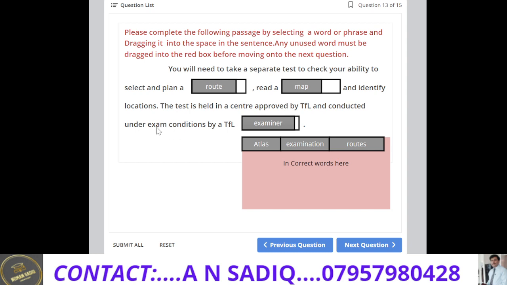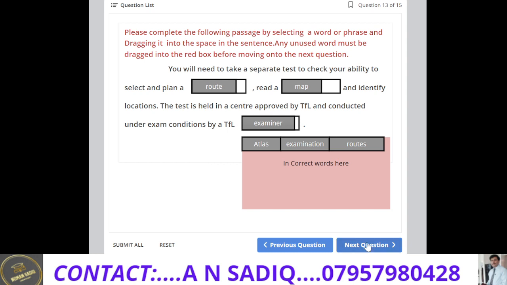And previously the blank space was exam. So it might be in the MCQ portion, the true and false portion, or the paragraph portion. So please be careful that the answer of one question might be present in other questions.